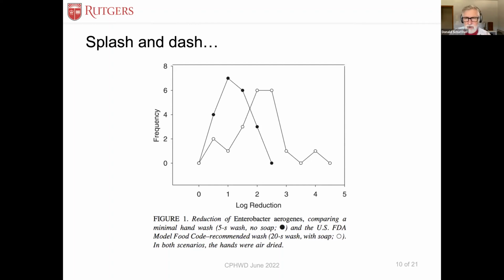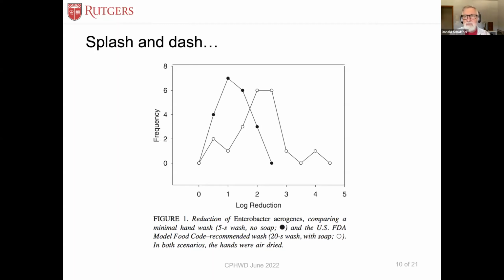Now, if you have 100 bacteria on your hands, and you remove 99%, that's great because now you only have 1 organism on your hands. But if you have 100 million bacteria on your hands and you remove 99%, you've still got 1 million bacteria on your hands.